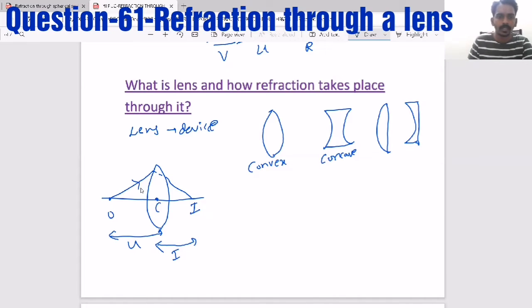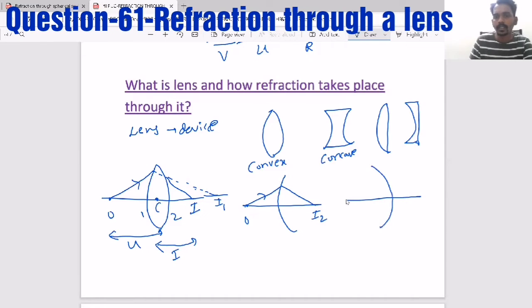Now this is the first surface, this is the second surface. First, the object is there. The ray goes and undergoes refraction, and it forms a virtual image. See, this is the virtual image of the first surface.